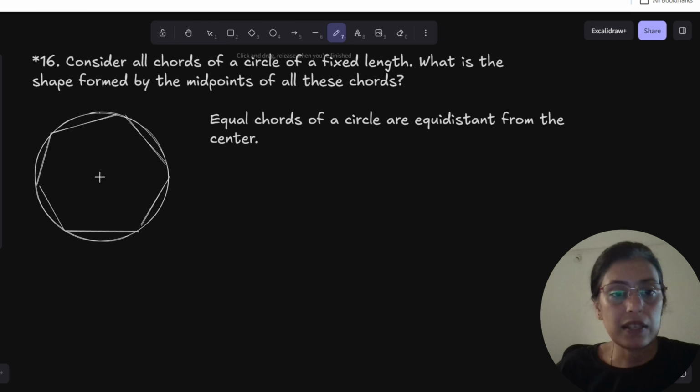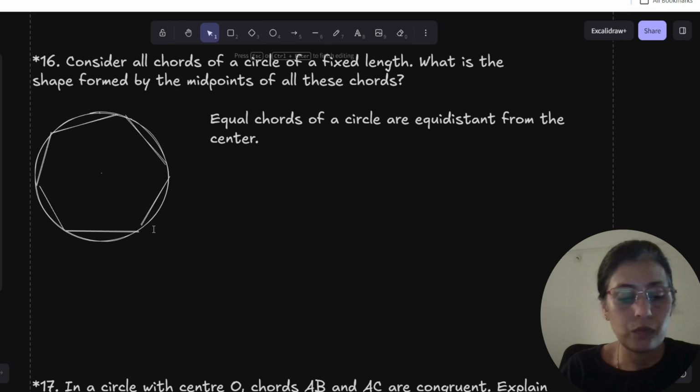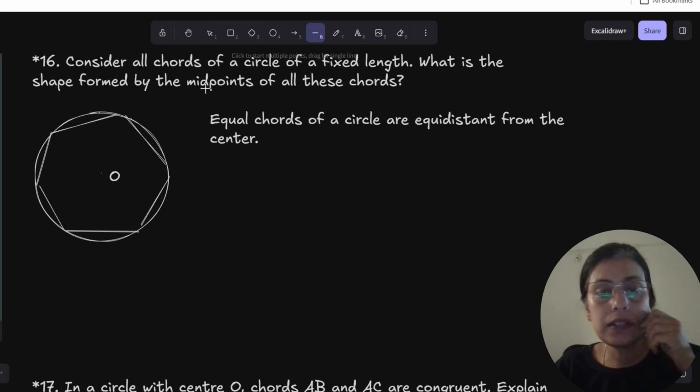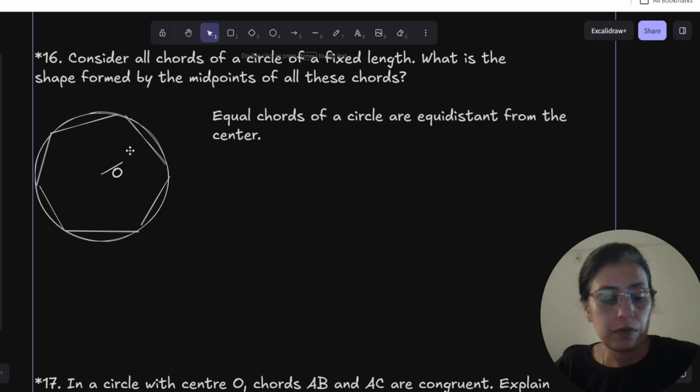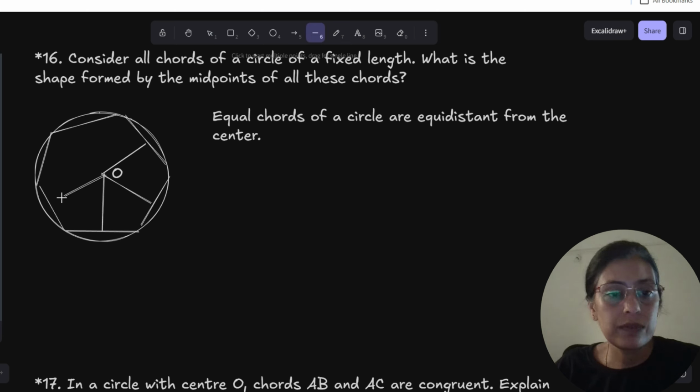So this means that suppose we take this as the center and we call it O. Okay, so if I start drawing perpendiculars from the center to all these chords, all these perpendiculars will be of the same length, right?